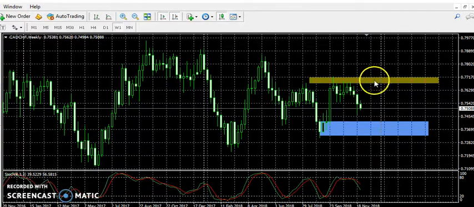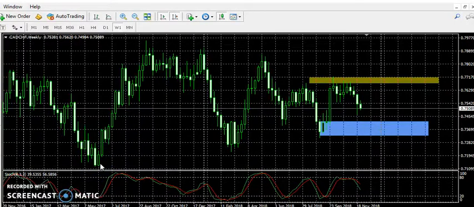As we can see, first we need to determine the trend of the weekly. We have a demand level here, another demand level here, and we have our most recent demand level here, creating higher lows, as we can see.